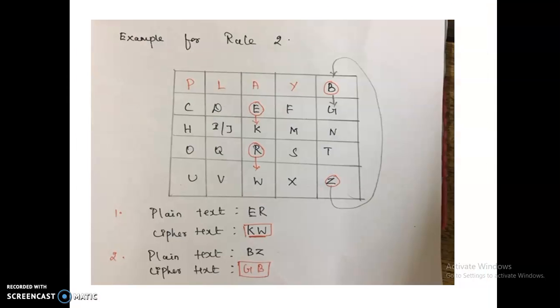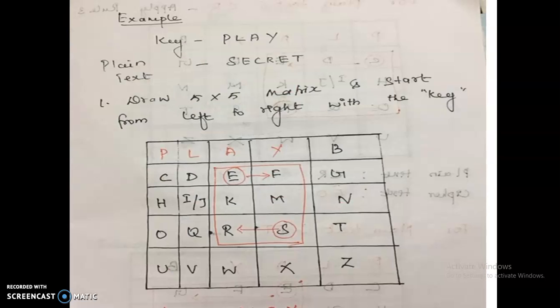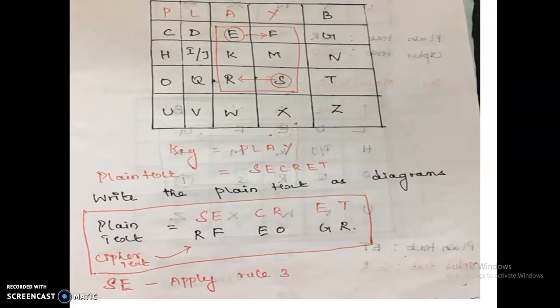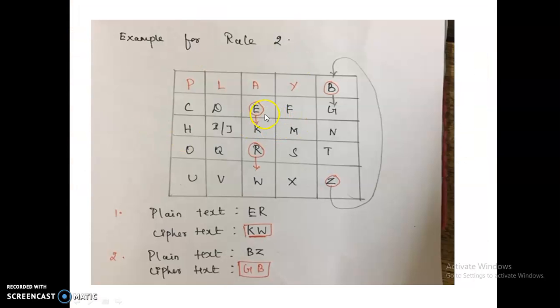So this is rule 2. What is rule 2? If both letters are in the same column, replace them with the letters immediately below them. For that, this example is applicable. The letter E and the letter R are in the same column.